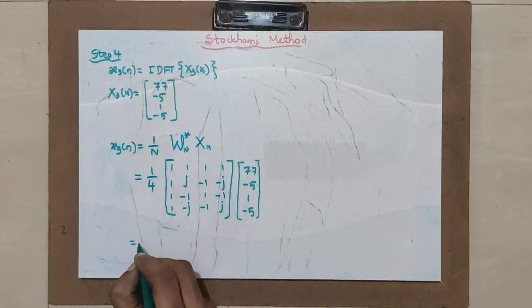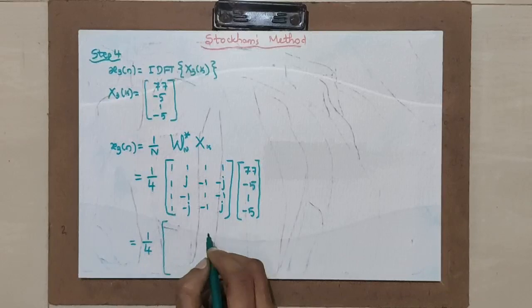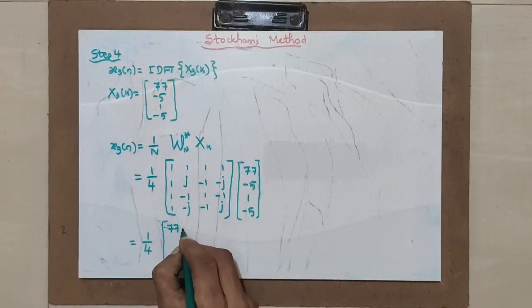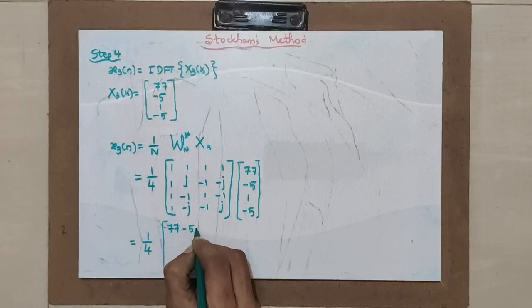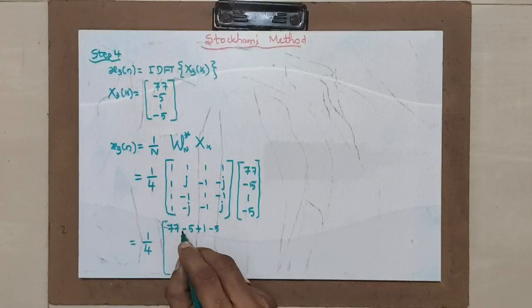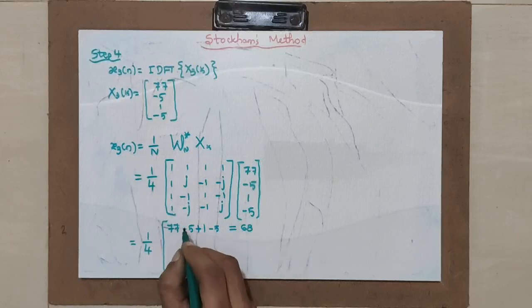Now that becomes equal to 1 by 4. Now you have to multiply first row with the column, that is 77 minus 5 plus 1 minus 5: 77, 78 minus 10, that is 68.